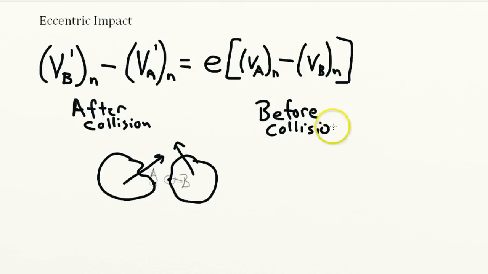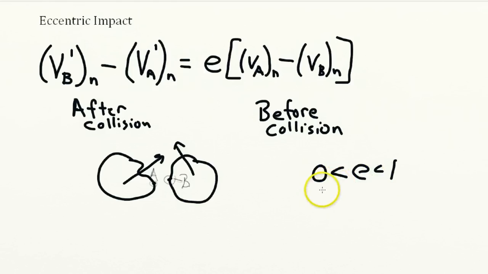The E here is known as the coefficient of restitution. And remember, we kind of talked about two limits. E has to be between 0 and 1. The coefficient of restitution is between 0 and 1.